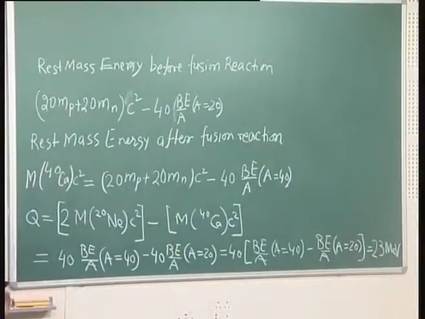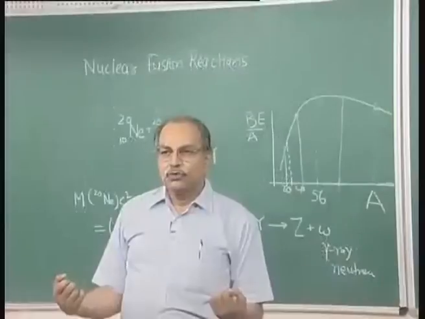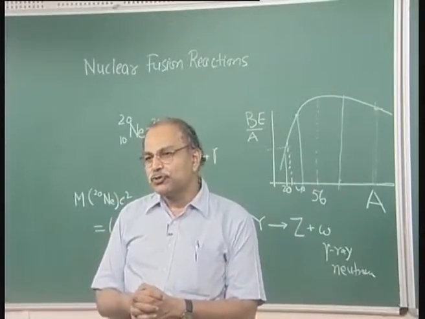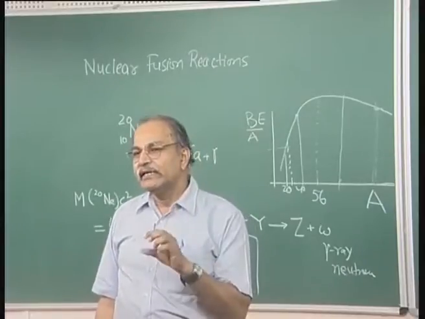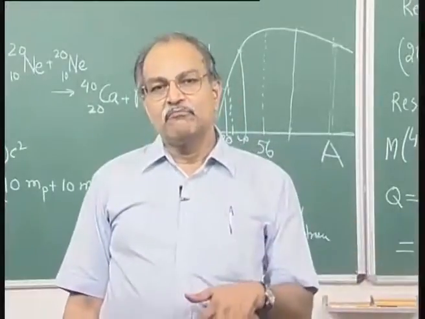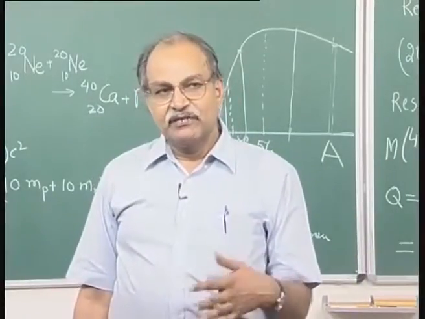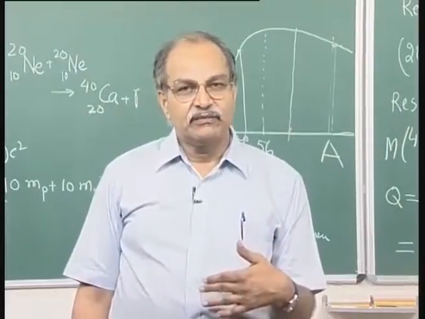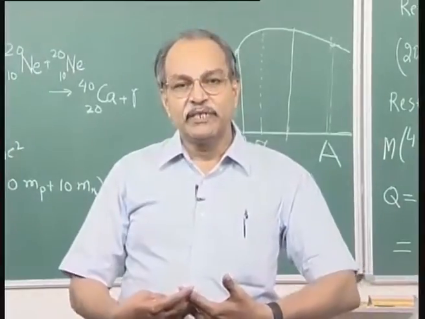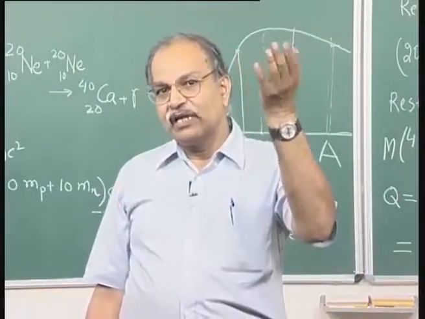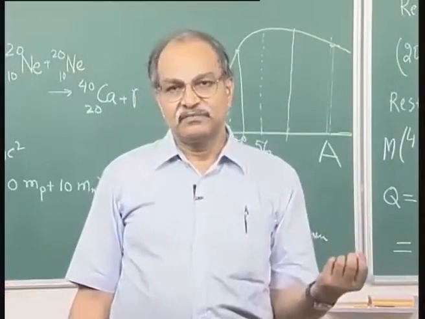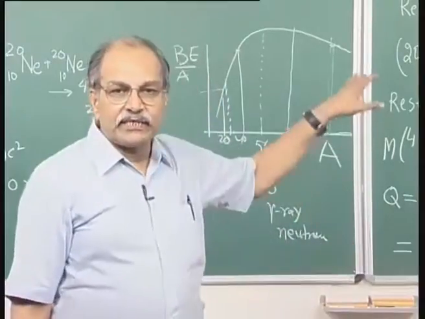If these two neon nuclei combine and fuse to become one single calcium nucleus, the rest mass energy is decreased by 23 MeV. And if rest mass energy is decreased by 23 MeV, that should appear as something. So, in this case it can appear in excitation of this calcium and subsequent emission of a gamma photon and recoil of calcium. So, this is an example.